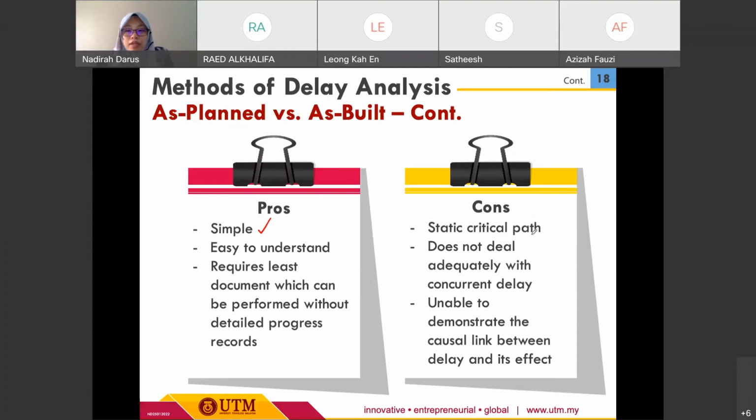For a simple or smaller project, I think this method is suitable. However, it's not really suitable for larger or complex projects, because this method is unable to demonstrate the causal link between delay and its effect. It is just a simple comparison.